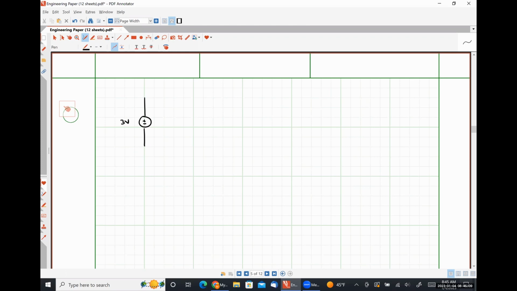So we have a 3-volt source, two kilo ohm resistor, seven milliamp source, five kilo ohm resistor, 1 kilo ohm resistor. We are going to find the Thevenin equivalent circuit with respect to our open circuited terminals.